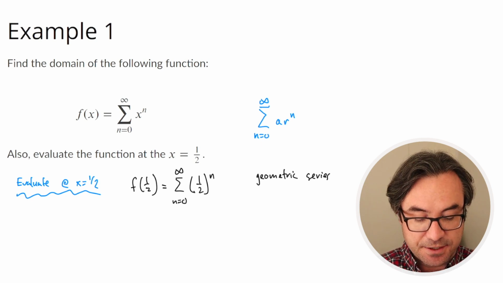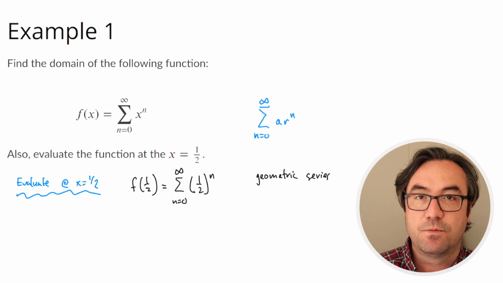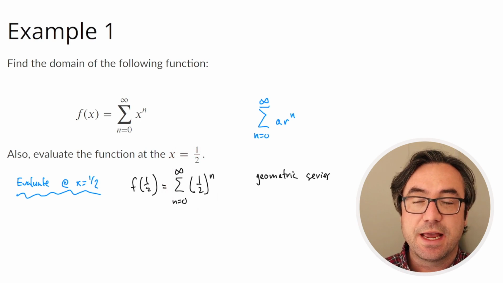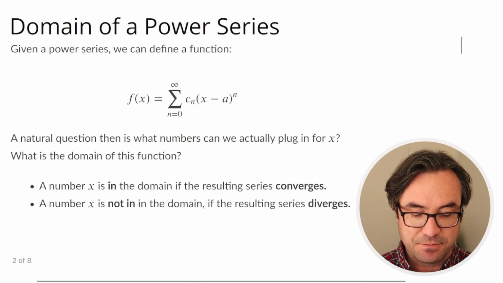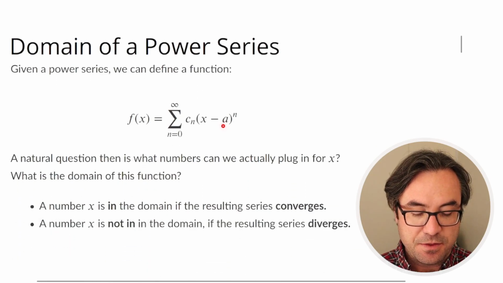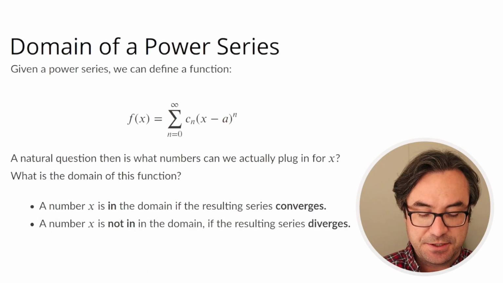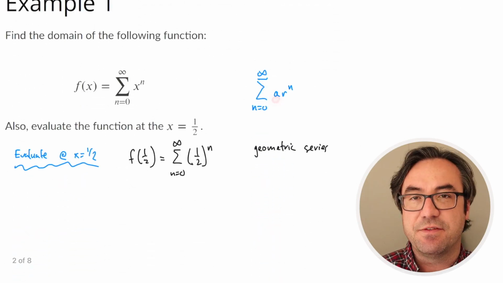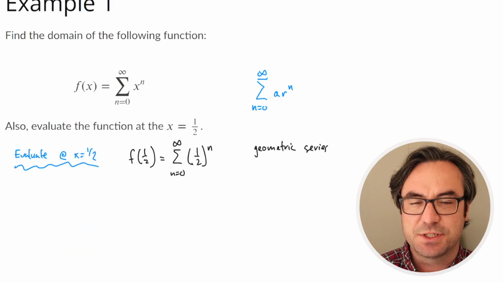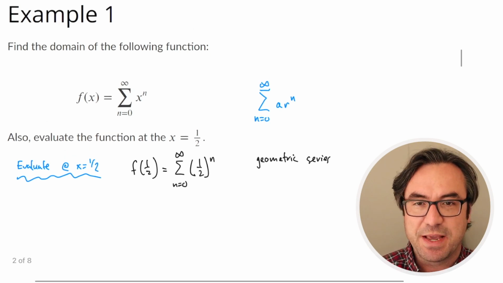And in our case, for this power series that we're looking at, just to mention, the center of the power series, this a value, is different from the a value when we're talking about general geometric series, just to make that distinction.